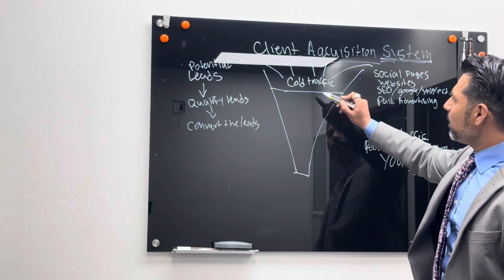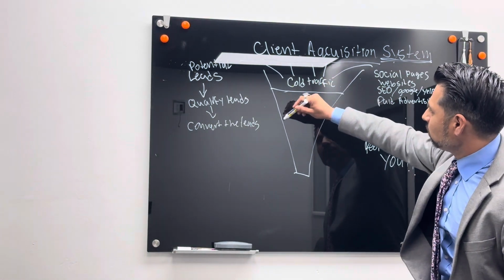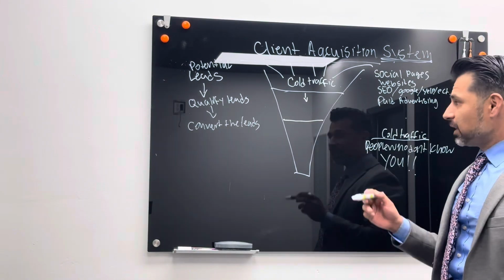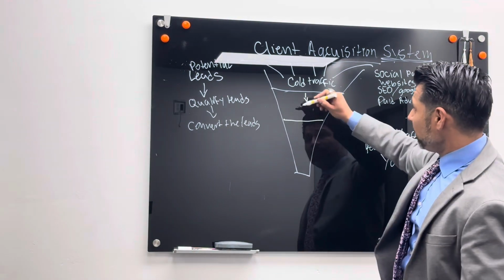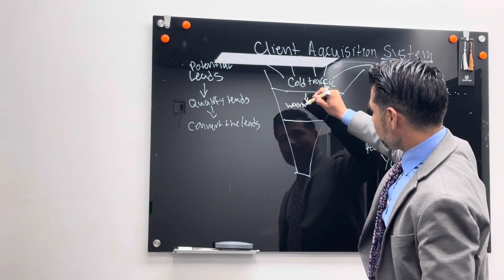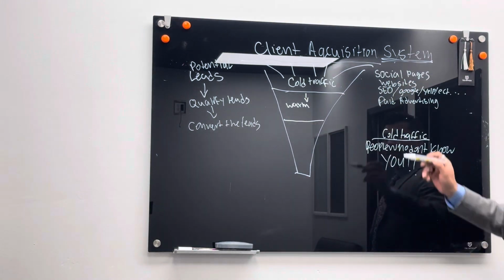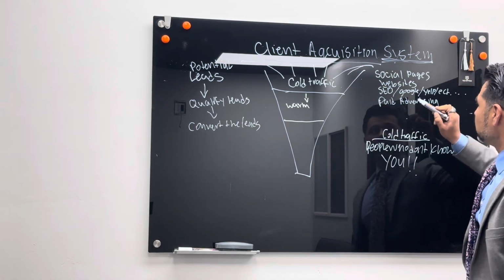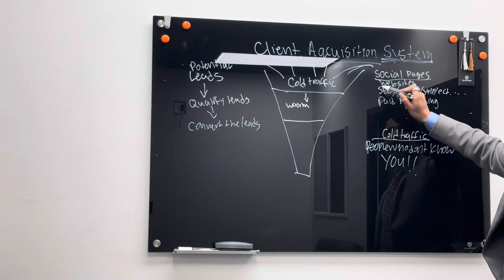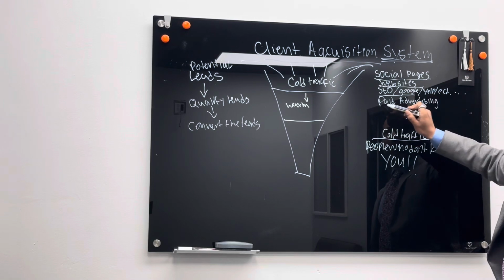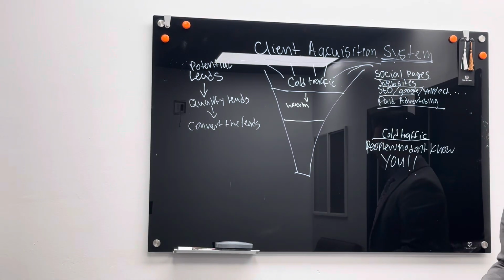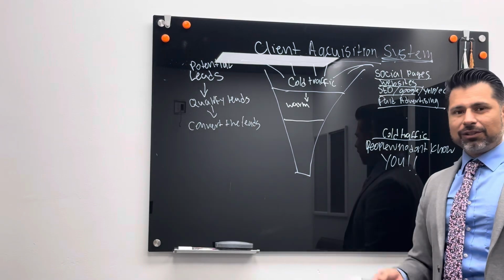So how can we warm them up? How can we drive them down to our middle of the funnel? Because now in the middle of the funnel, they're pretty warm. They know us. Once they start to go inside our funnel, from our social media pages, our websites, our SEO, our paid advertising, how can we drive them down to the middle of the funnel?